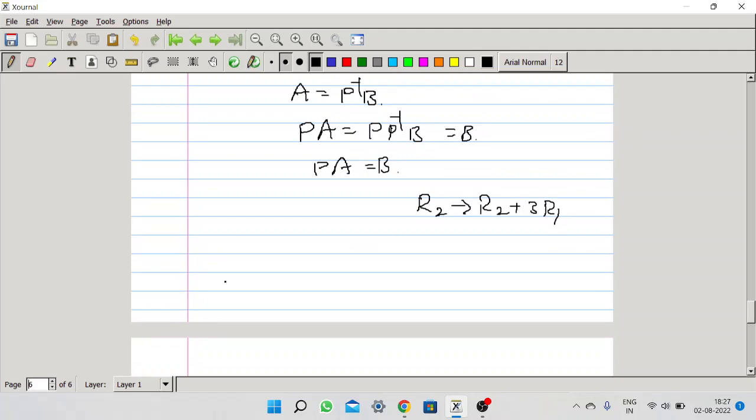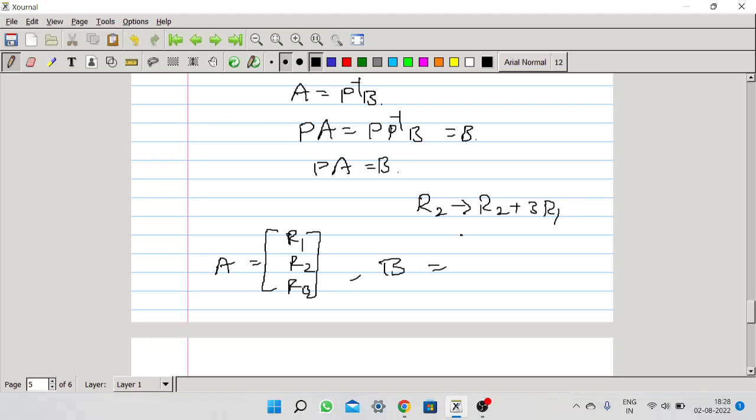With which option will you get the matrix A into B? So let me write A as R1, R2, R3. R1 is nothing but one row vector.